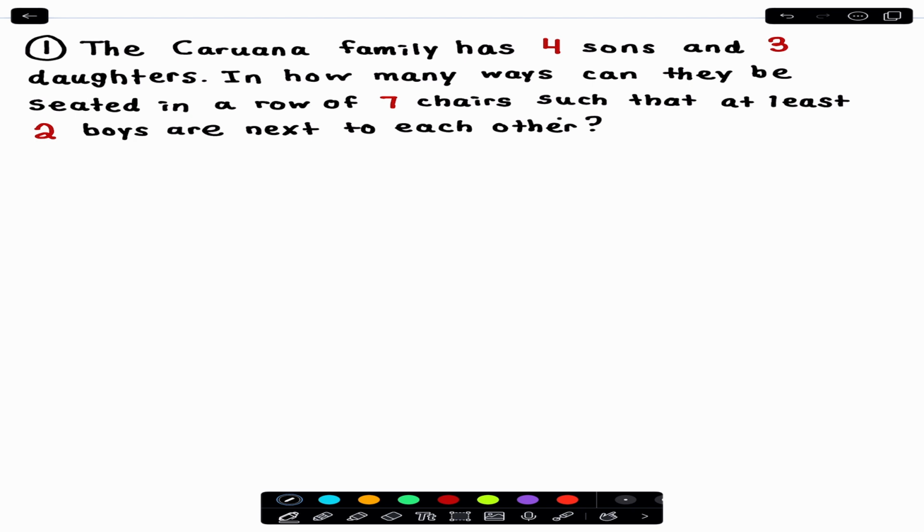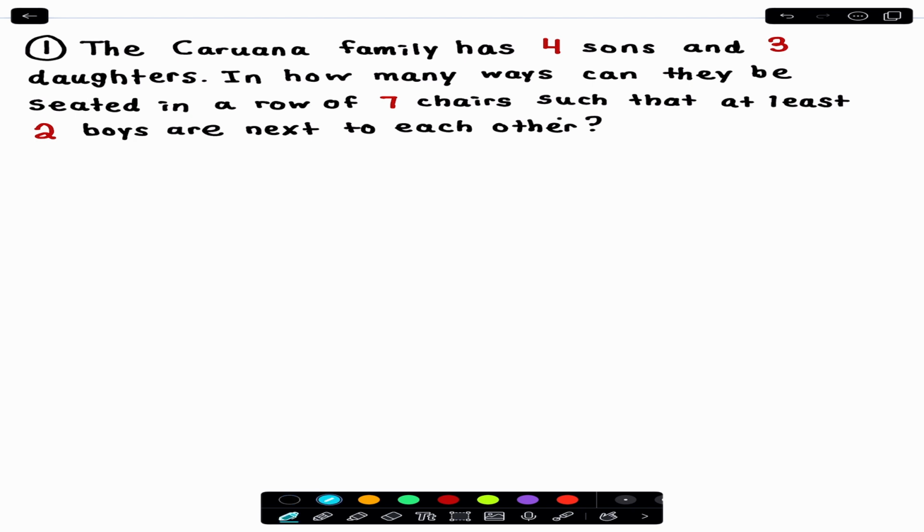So what makes this a perfect candidate for complementary counting? Well, aside from the fact that I said so, there are some big clues that tell us complementary counting is the way to go. For example, if we tried to approach this with casework, counting directly by breaking this problem up into cases, you're going to find that it could be a little overwhelming because there are so many possible cases.